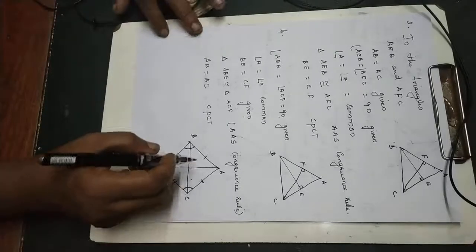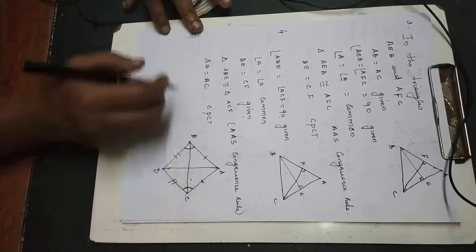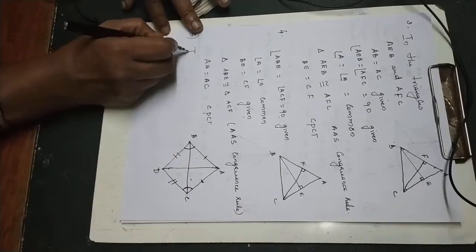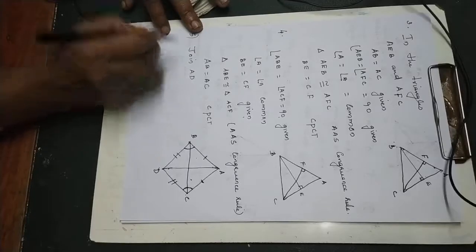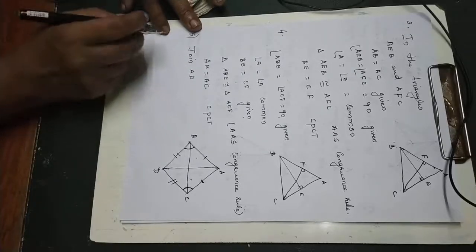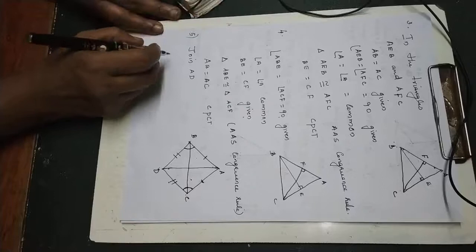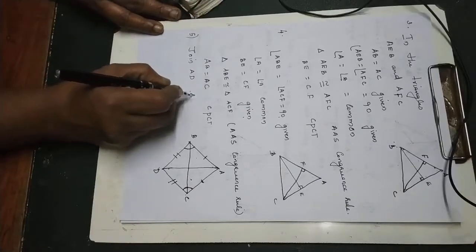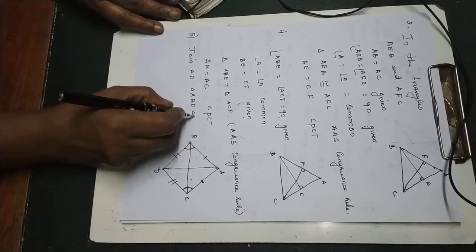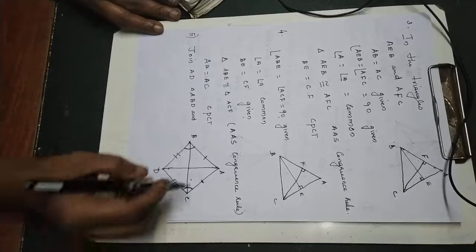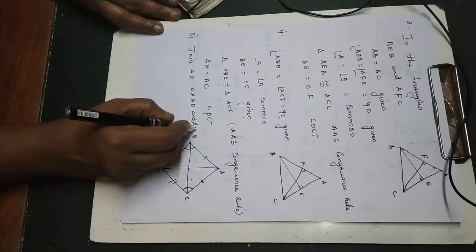So for proving that, first you have to write join AD. Now which two triangles are we discussing? The triangle ABD and triangle ACD.